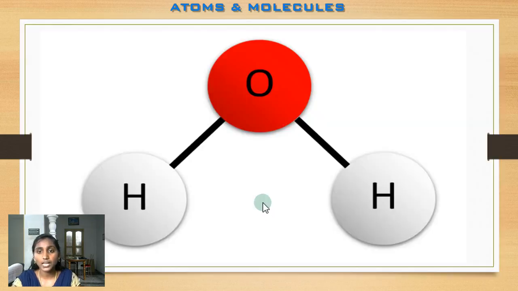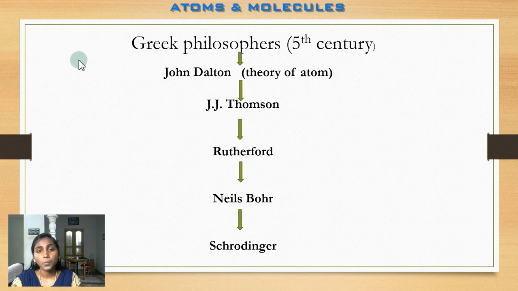The next, write down the question. Who gave an idea of atom? Greek philosophers. Okay, century no need, just note the name, Greek philosophers. The next, who proposed atomic theory or theory of atom?